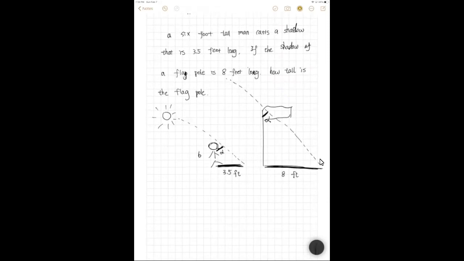We know that the ratio of the shadow over the height of some object, human beings or animals, should be the same, because the man and the flagpole follow a fixed proportion.